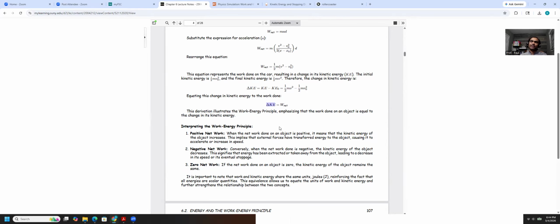It stays the same. If initially it is, let's say, 100 joules, finally it should be 100 joules. It does not mean the kinetic energy is equal to zero. If net work done is equal to zero, it says that delta KE is equal to zero, and delta K equal to 0 means no change in kinetic energy. It stays the same.